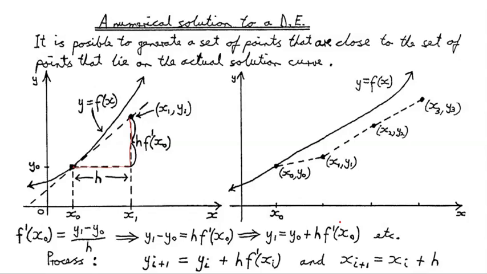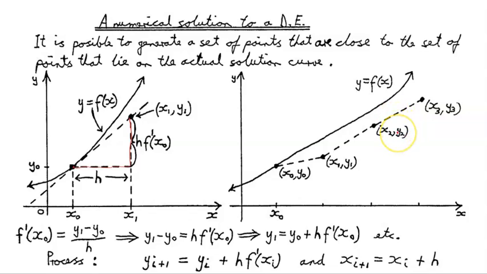We're going to use this rule in a general form to help us generate these points y1, y2, y3, which step us up the curve. We're always going to start at some point x0, y0, and then we're going to step up and generate these points. Now these points are close to, but not on the actual solution.